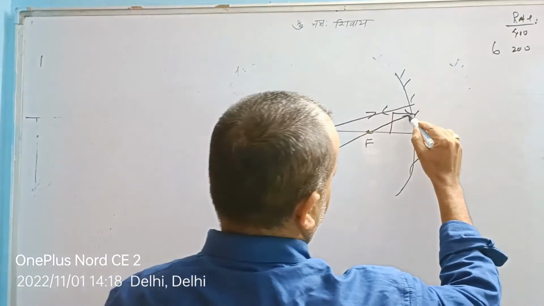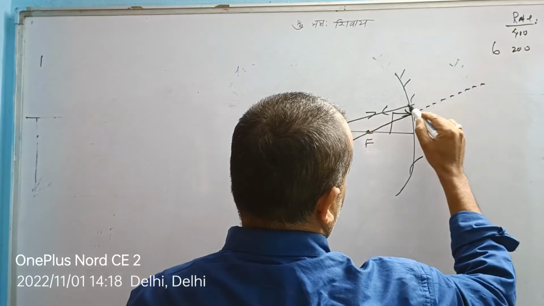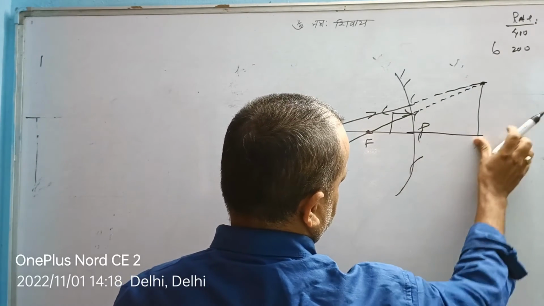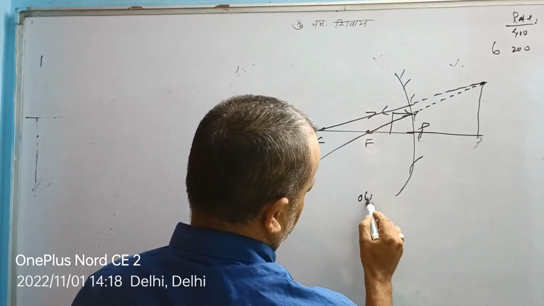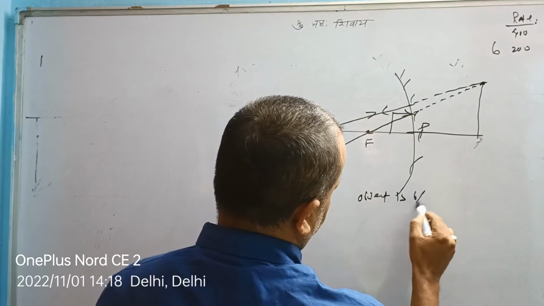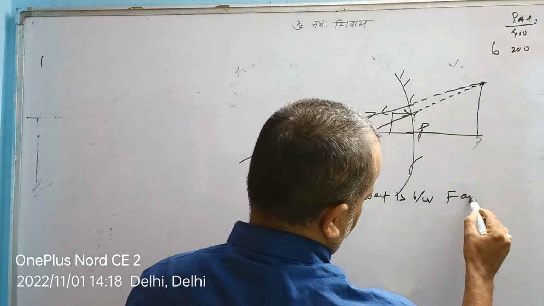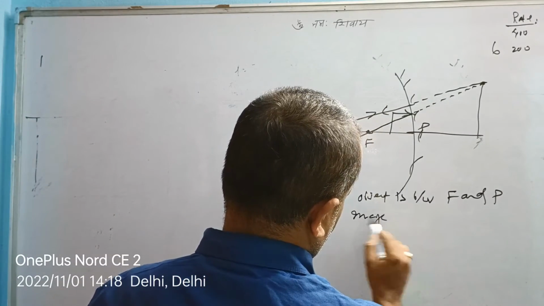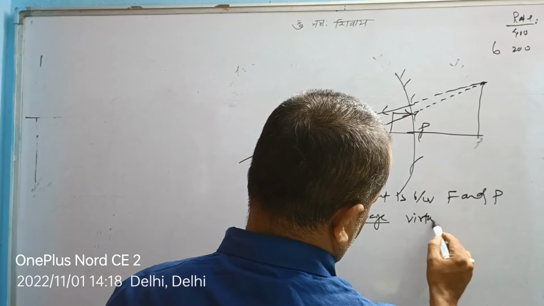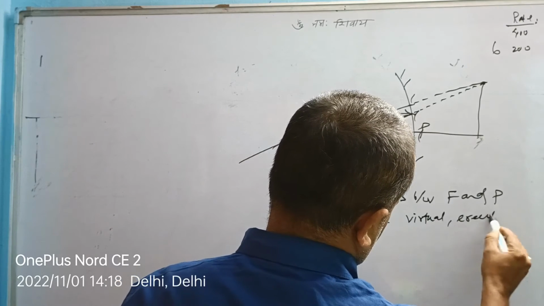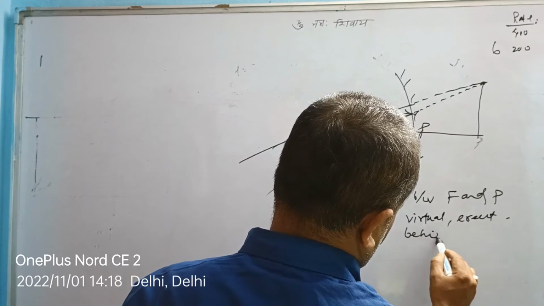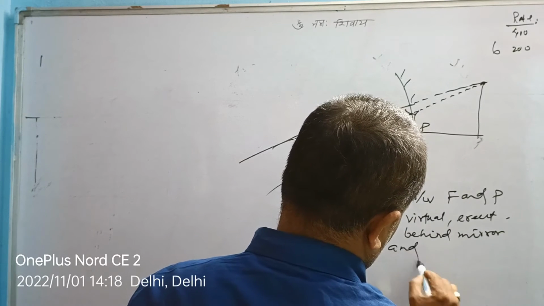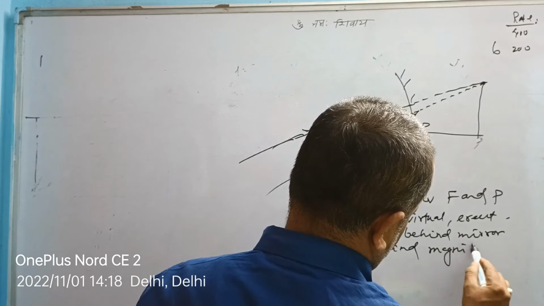We extend this line as a dotted line behind the mirror, and what we get is, when the object is between F and P, the image is virtual, erect, behind the mirror and magnified.